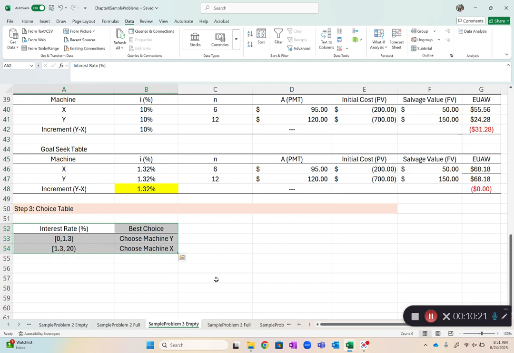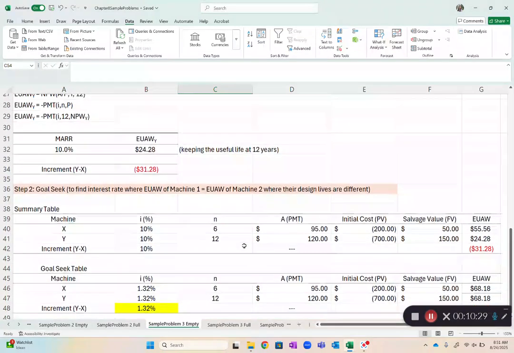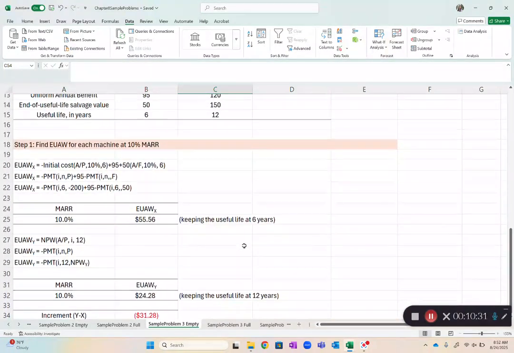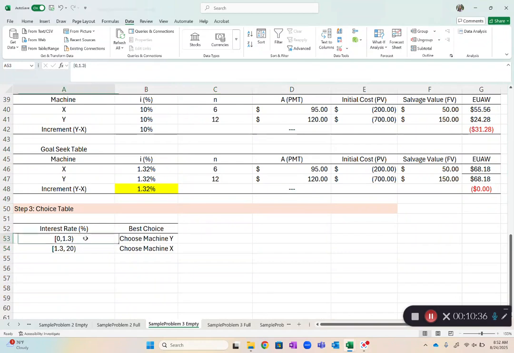On one hand, you might be asking how we even know whether to choose X or Y based on those interest rates. If we come back up here and look at my 10%, we know that the lines are crossing each other. We don't necessarily know which one's on top before or after that, but we know they cross.